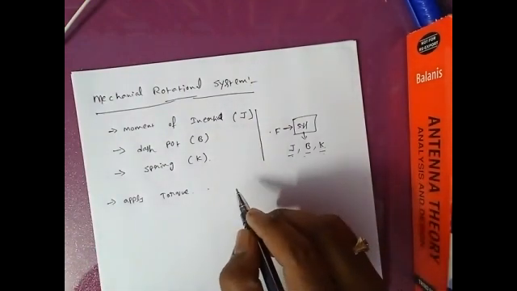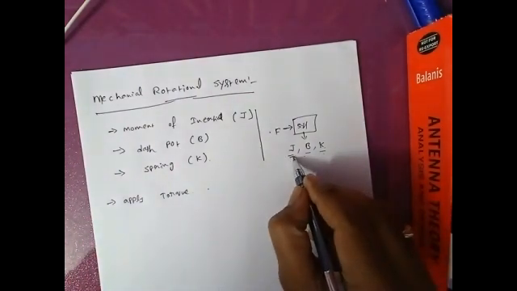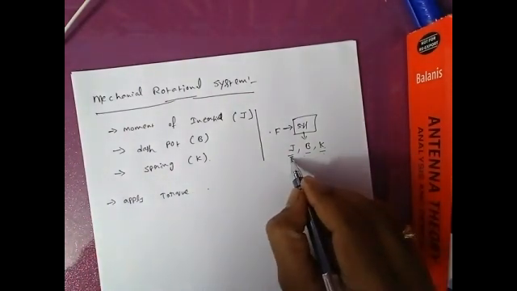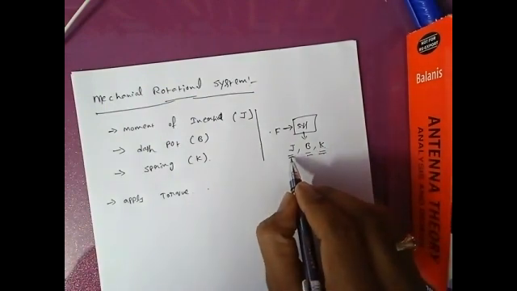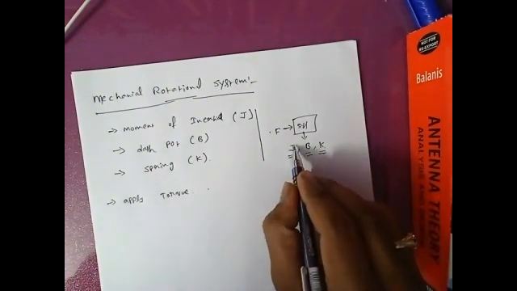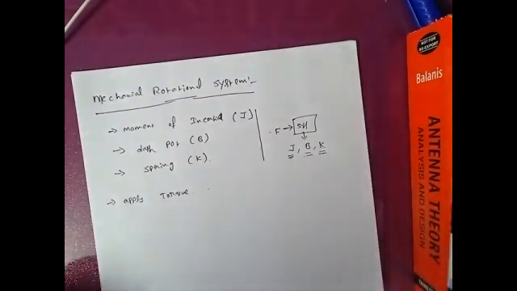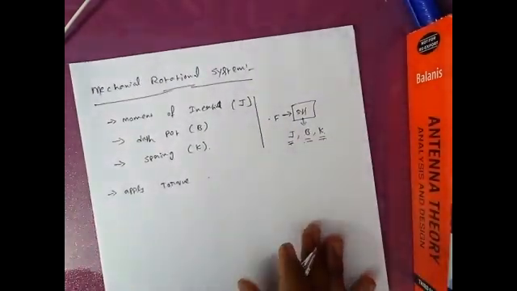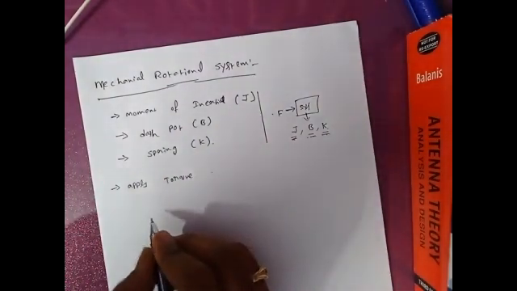To frame a mathematical equation, first you should know the opposing force equations for the dash part, the moment of inertia, that is mass, and the spring. We'll see what the mathematical equations are for the opposing forces due to mass, dash part, and spring. Before that, first we'll discuss the symbols used in a mechanical rotational system.